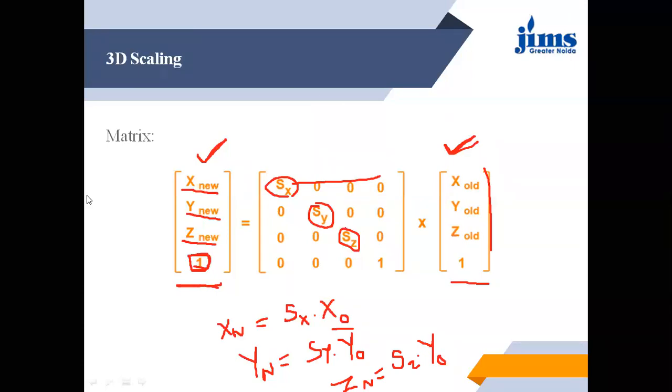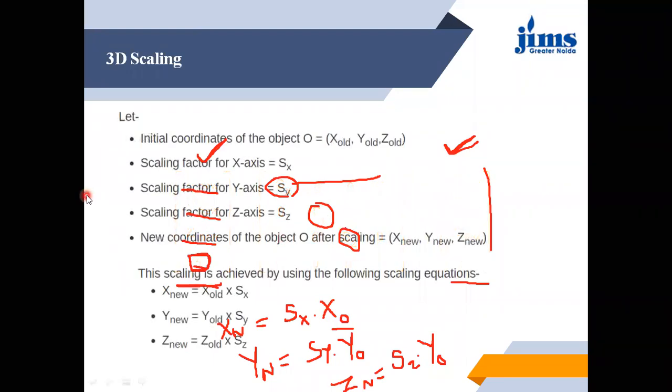You can see from the last equations that x new equals x old multiplied by Sx, y new equals y old multiplied by Sy, and z new equals z old multiplied by Sz. Sorry, in the earlier part it should be z instead of y.